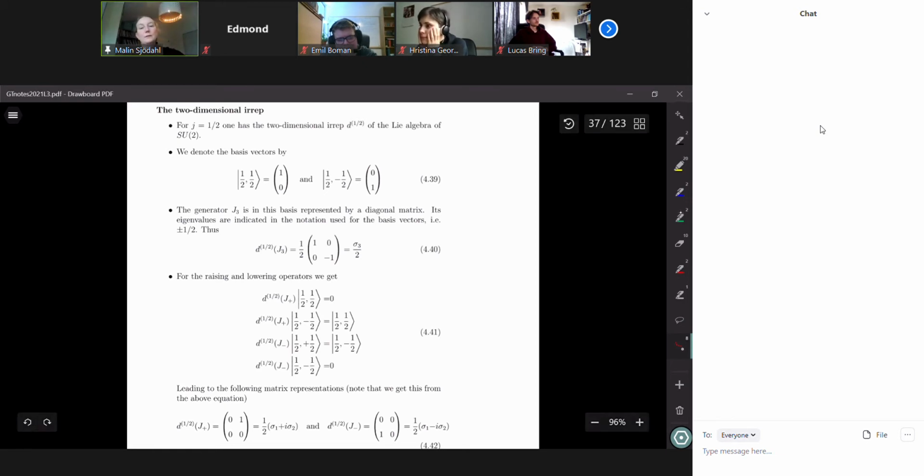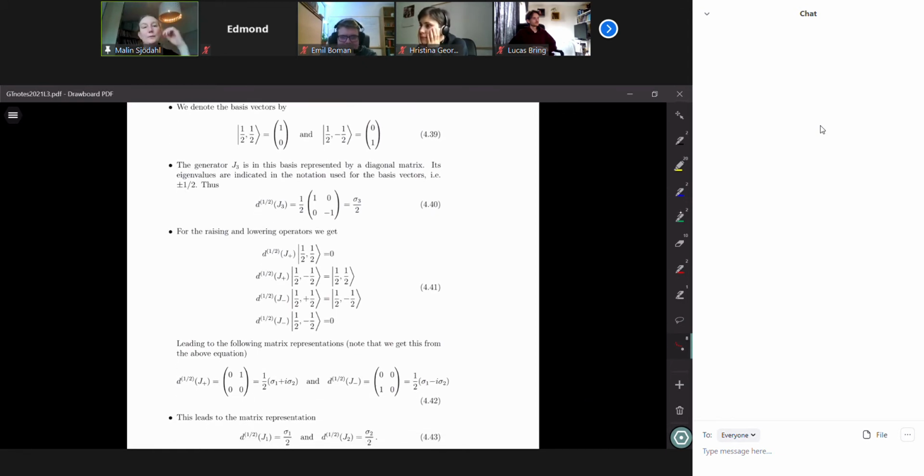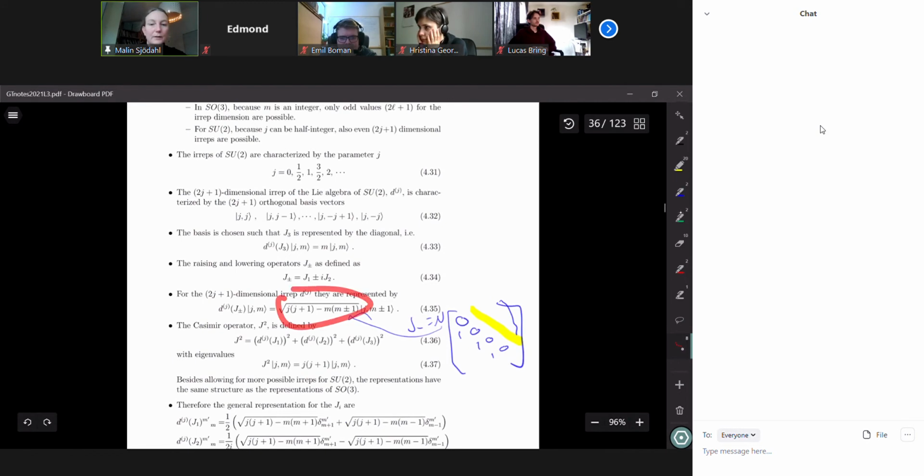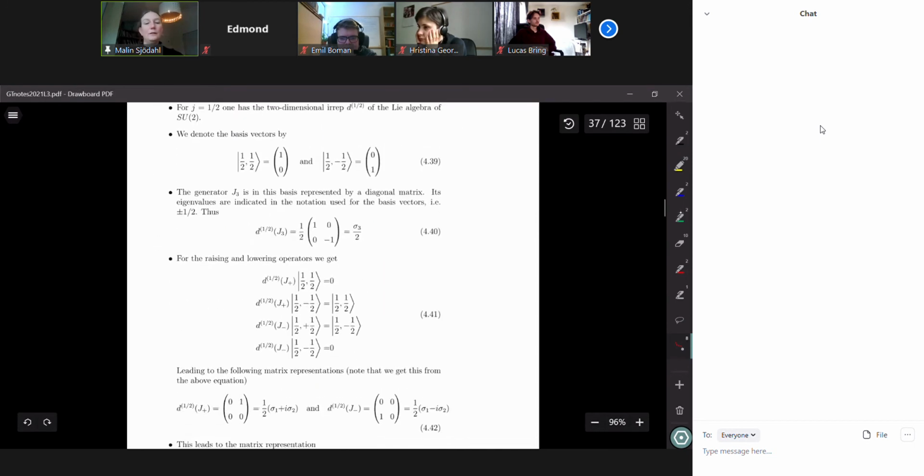Now we can act with the raising and the lowering operators on this state. So if we go up and look at the form of j plus, we have some coefficients in front. Here they are. And if we act with j plus on the state with 1/2 there, you will see by this big square root that you will have a 0 here.